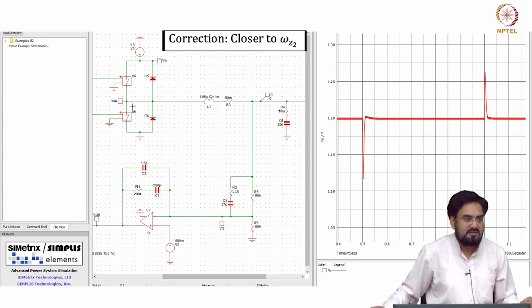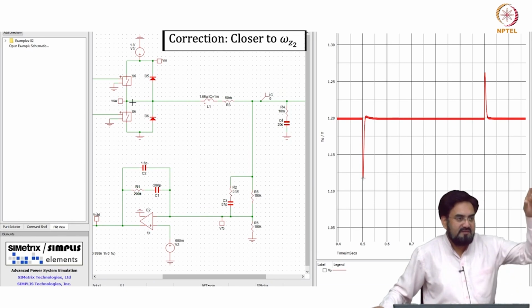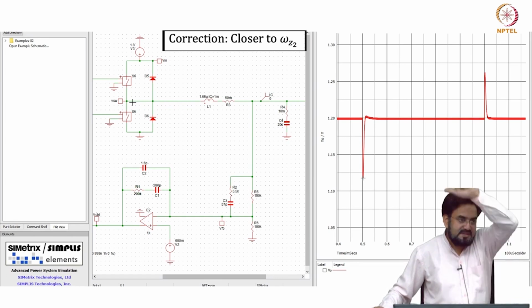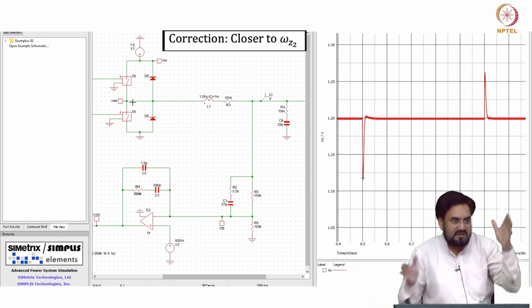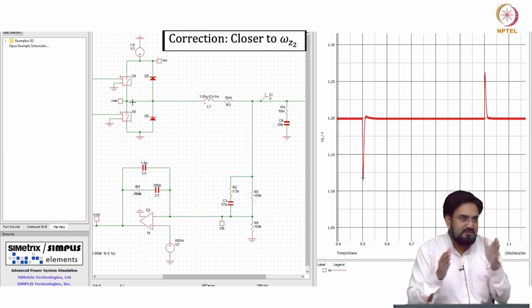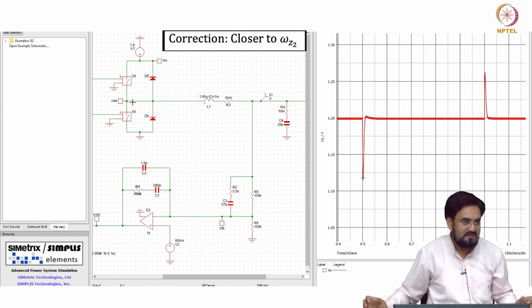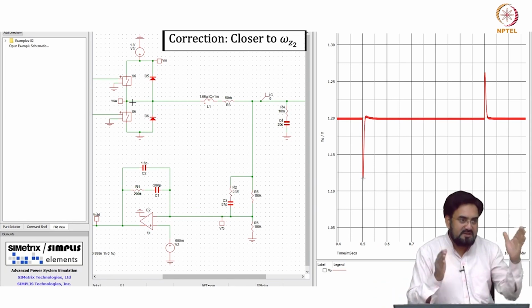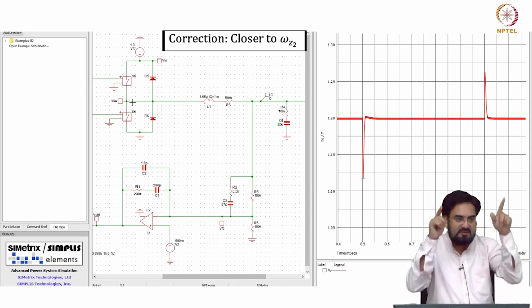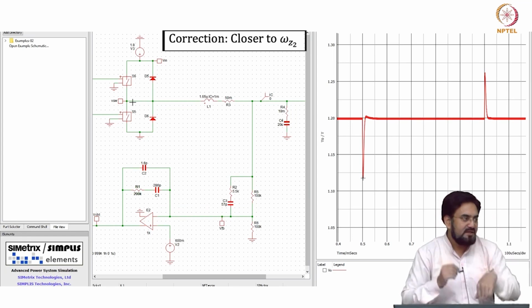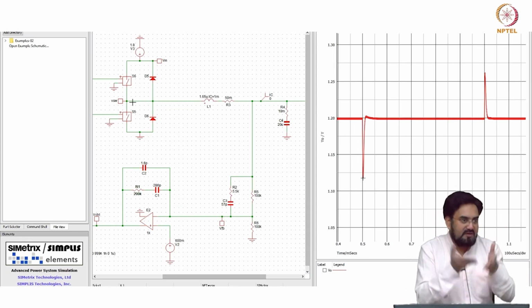So what you have is an integrator, then the first 0 will make it flat, then the second 0 will raise the gain. So in between is the flat region. If you move the first 0 inside, you are expanding that region, and if you move the first 0 closer to omega z1, then you will get a narrow band.